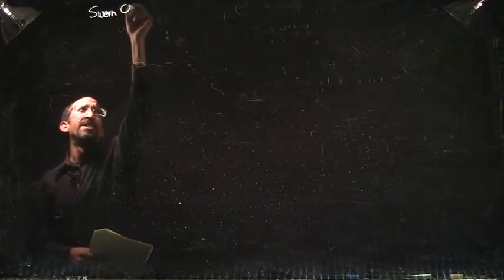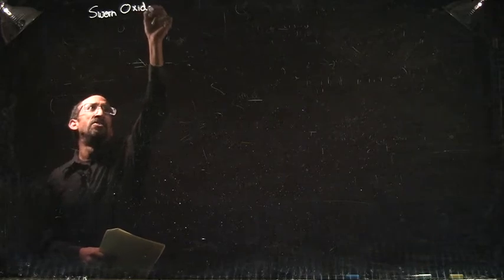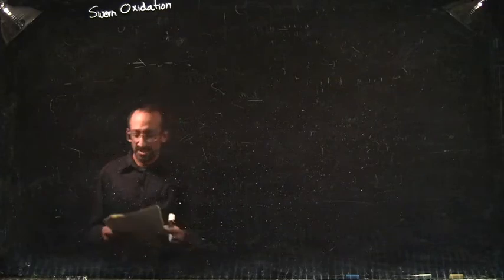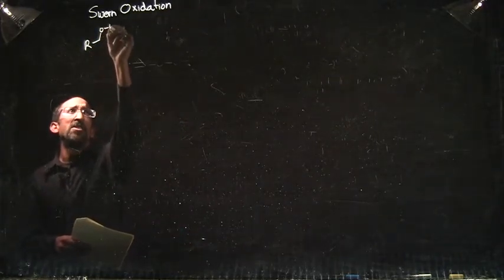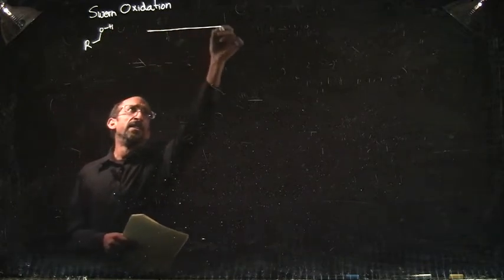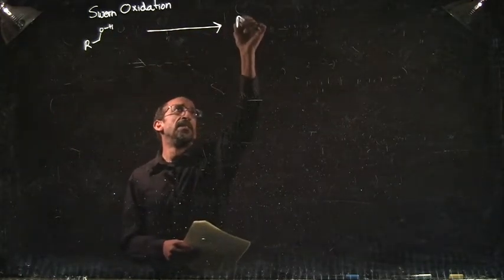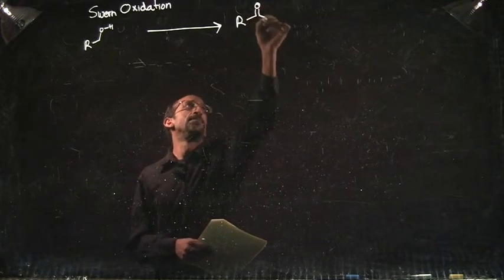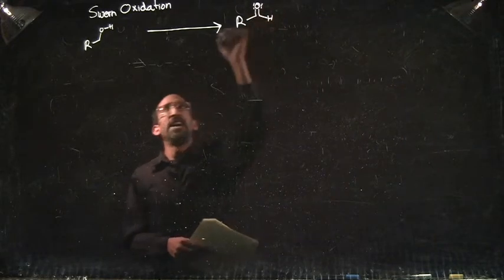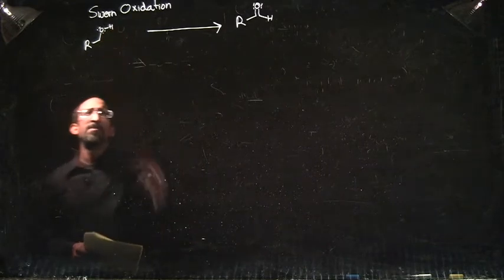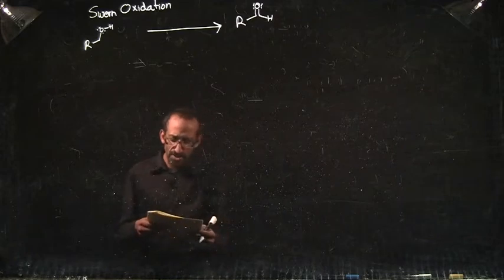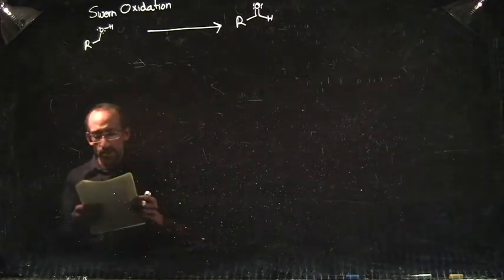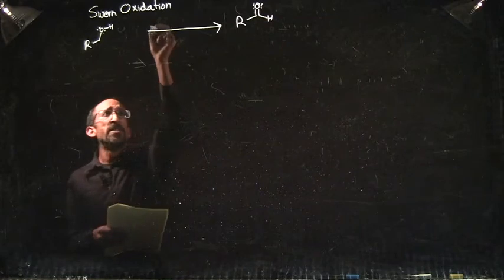The Swern oxidation. Now, the Swern oxidation, like I said, is a method by which we can convert a primary alcohol into an aldehyde. But instead of PCC, where we have to use chromium, now we're going to be able to do this without using any metals at all. And we're going to use a couple of different reagents.